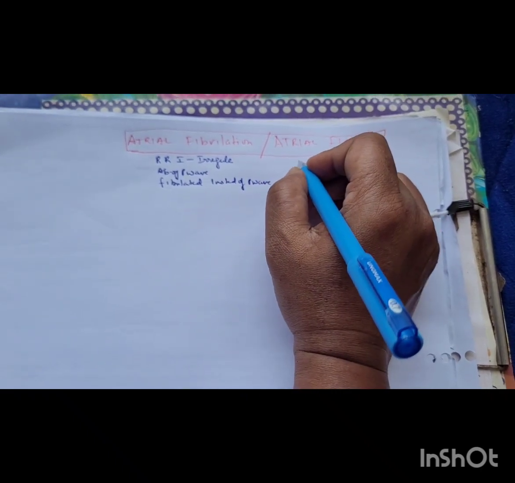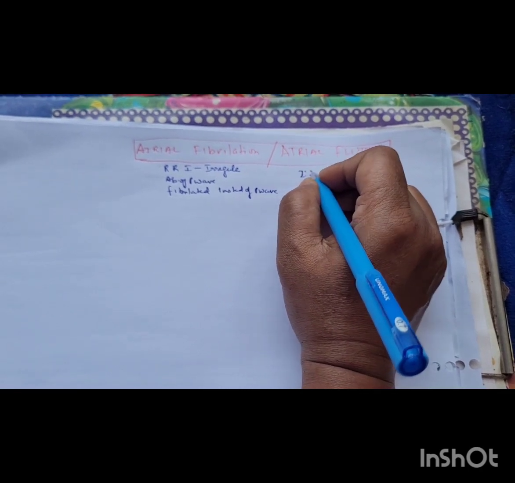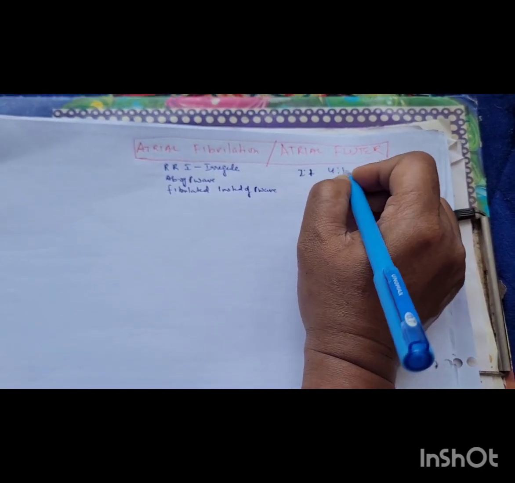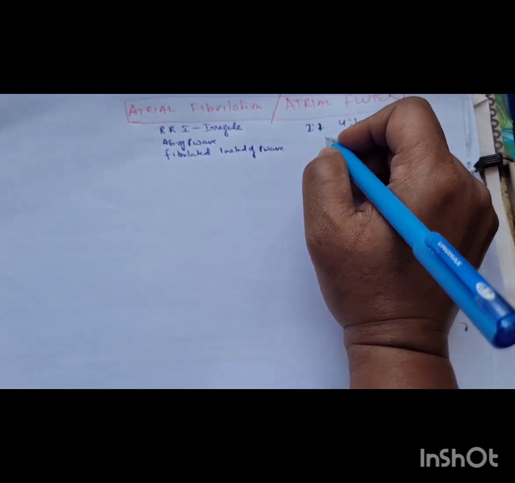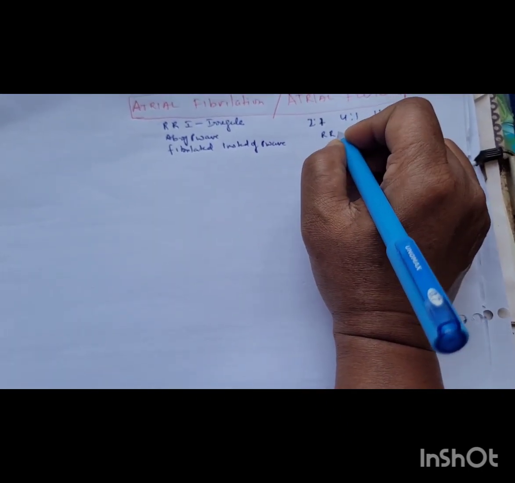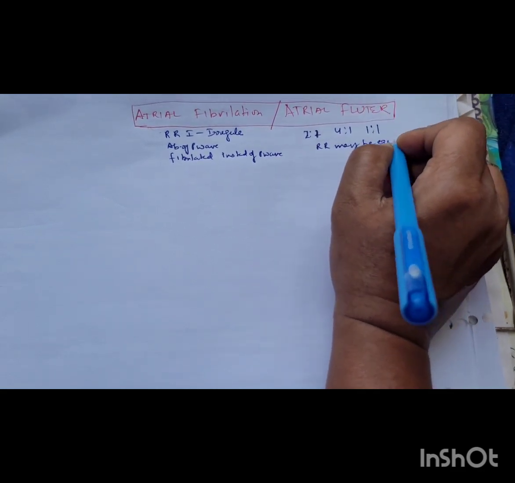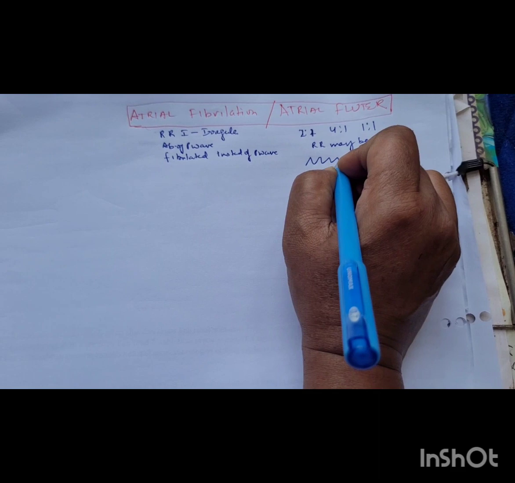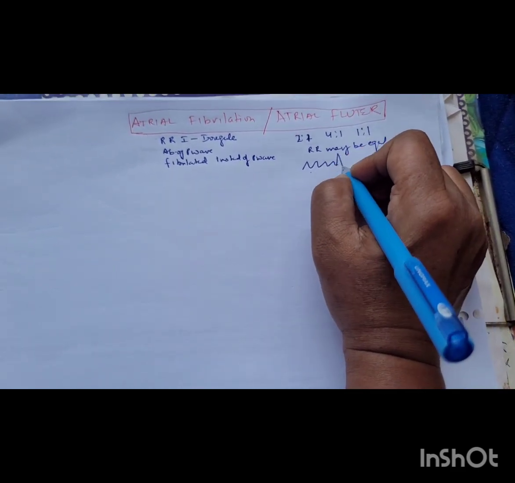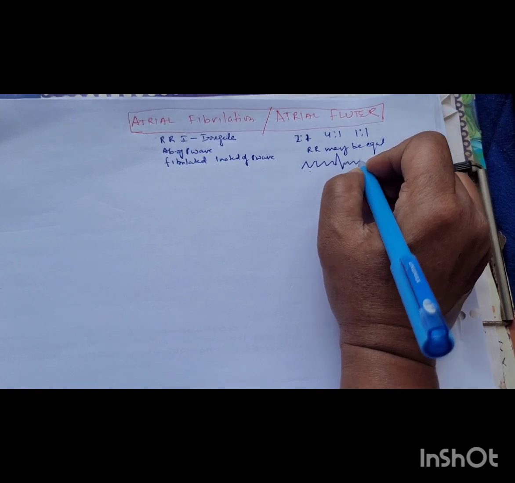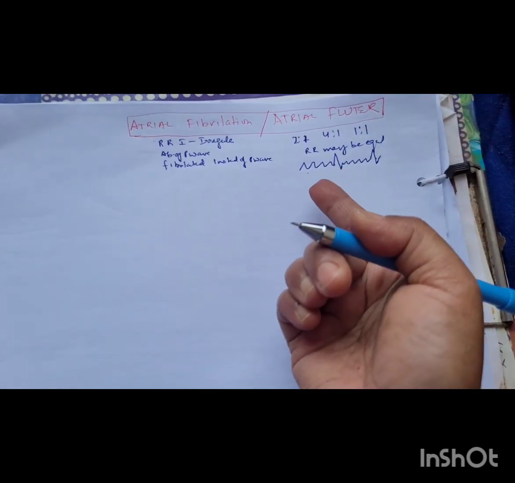And in flutter, there can be a block of 1:2, 2:1, or 4:1, or 1:1. So in that case the RR may be equal, but there will be sawtooth P waves. Instead of P wave, there will be a sawtooth wave, like this. And there could be flutter fibrillatory waves also.